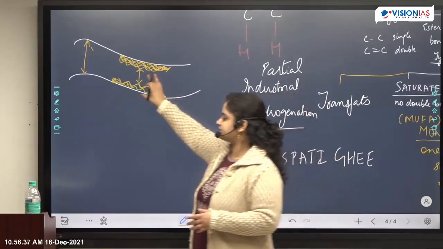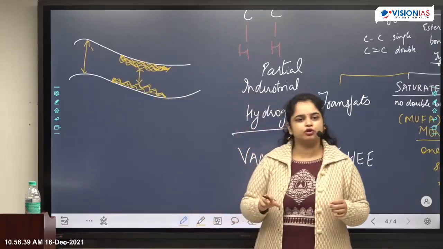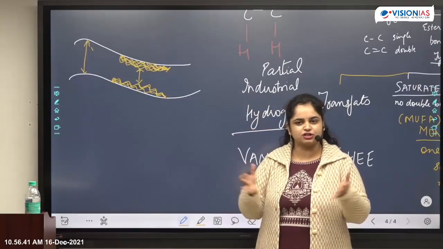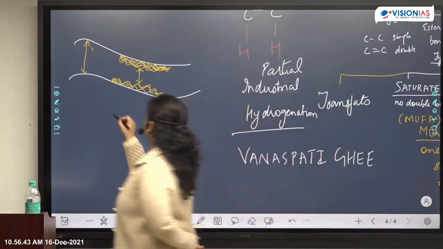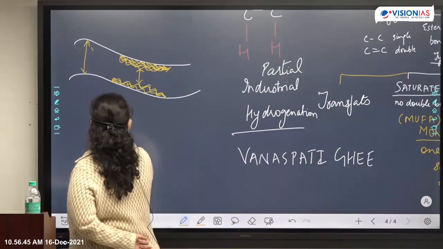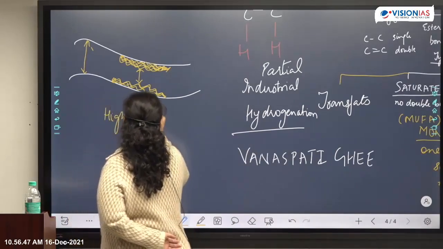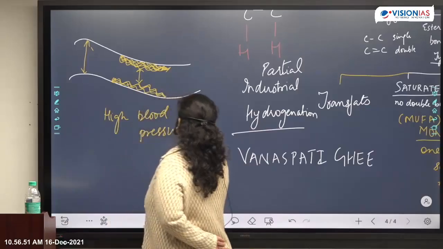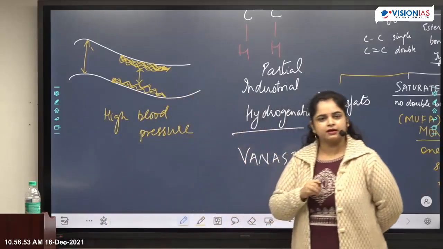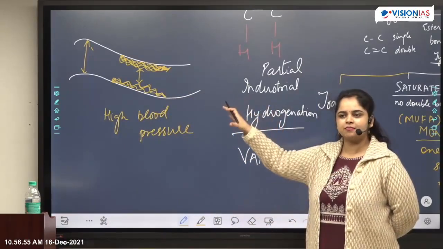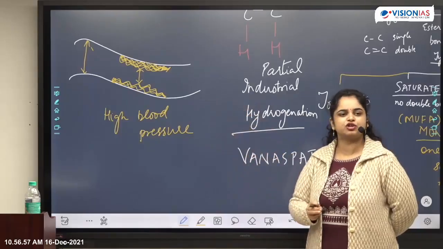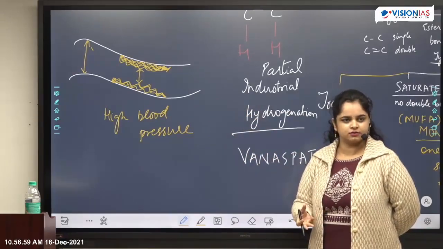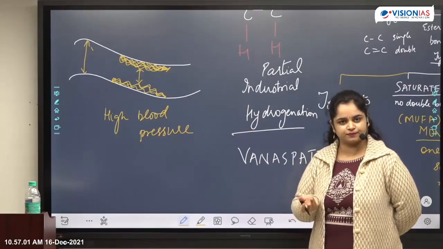So area is less, but blood is going to be that much only. Blood is not reducing. So the first thing which can happen is a condition of high blood pressure. Right? Less area, same blood. That means the pressure on these walls will increase. So that can be one condition.